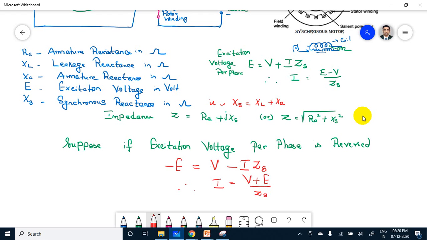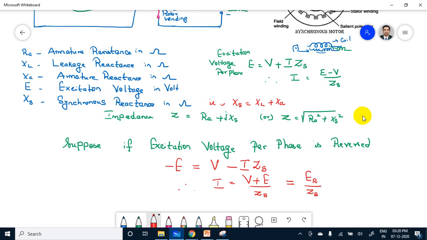The combination of V plus E is nothing but the resultant voltage, ER by Zs, where ER is the resultant voltage.